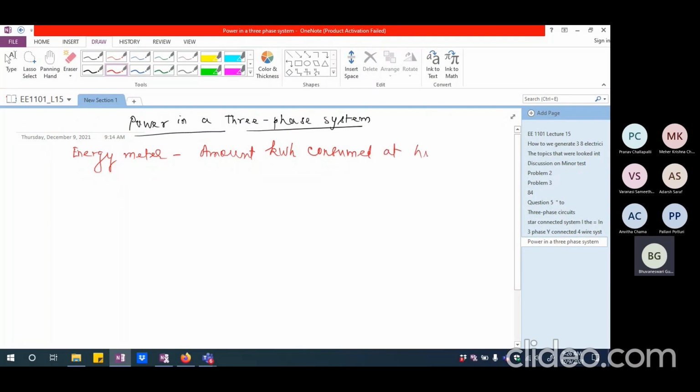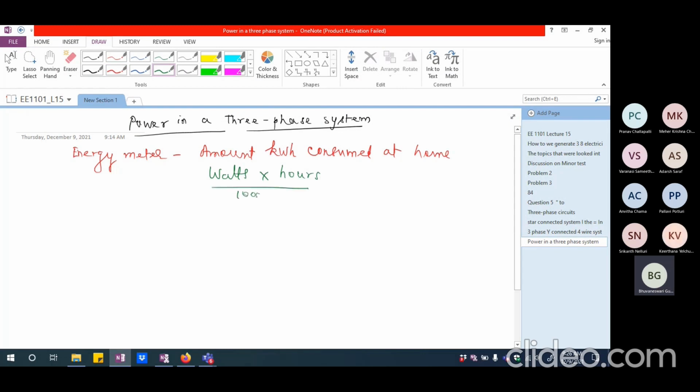So this is what is being measured. This is essentially watts multiplied by how many hours we have consumed, divided by 1000. This is what is displayed by the energy meter that we have at home.